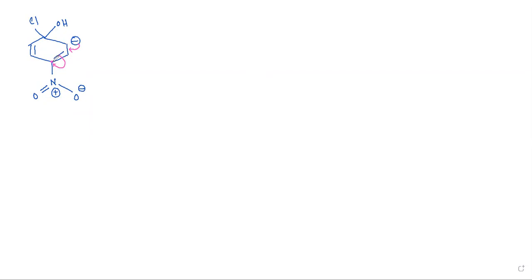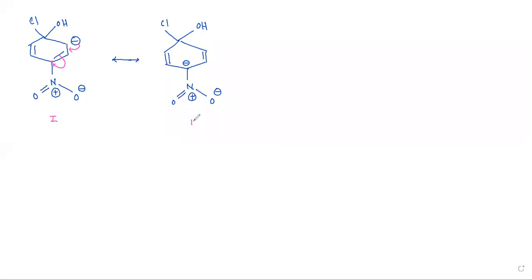Towards this carbon, when the bond moves, we get this. A bond here, a negative charge here, this thing as usual. A bond here, then this. Giving the different resonance structures.